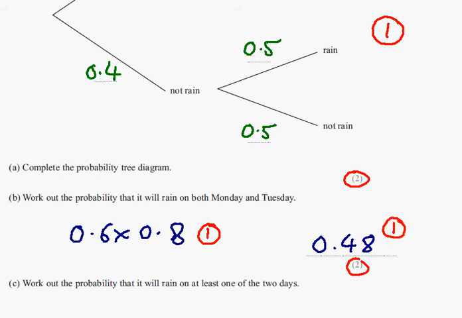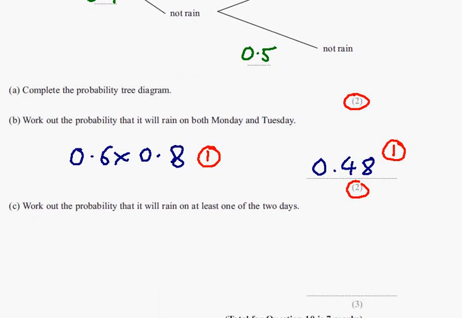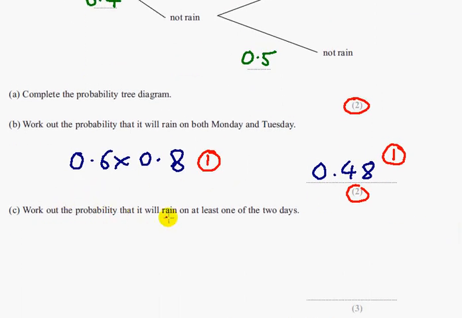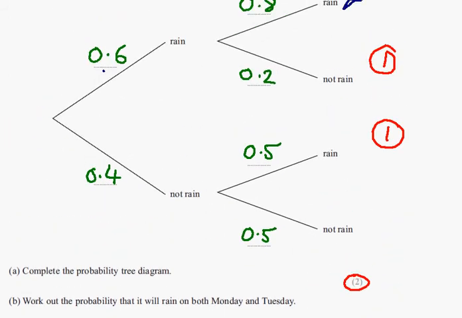Now finally, part C says work out the probability that it will rain on at least one of the 2 days. So, at least one of the 2 days. Okay, it will rain at least one of the 2 days. So let's have a look at our probability tree diagram.